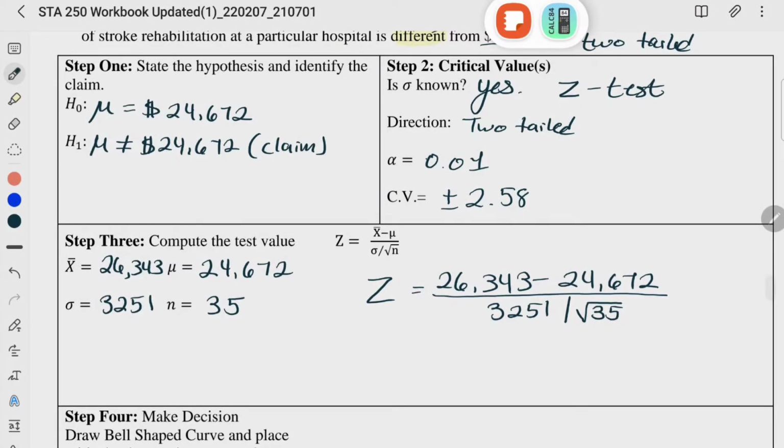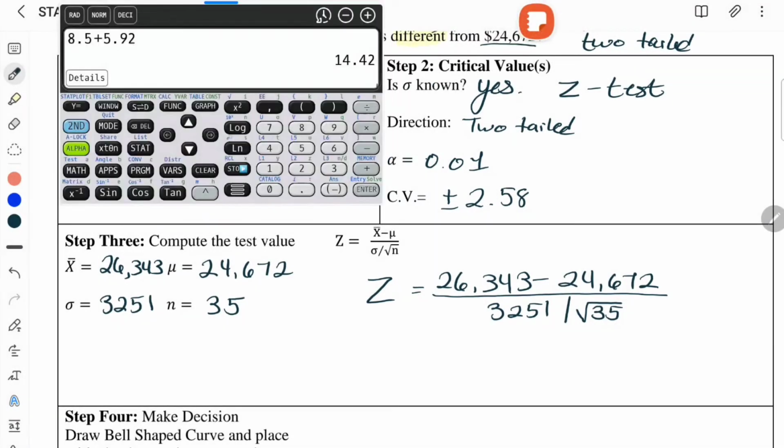Our final answer should be 2 numbers after the decimal because we're dealing with z-scores. Let's do the top. That equals 1,671.